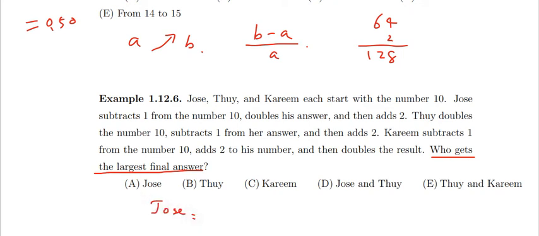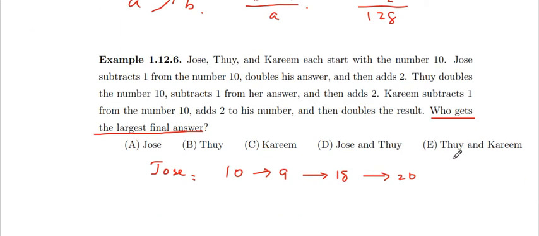The first guy starts from 10, right? Minus 1, so becomes 9. Then double, becomes 18. Then add 2, becomes 20, right? Okay.